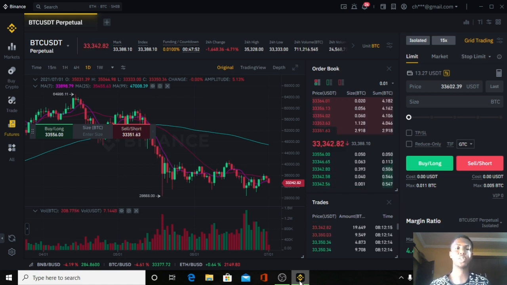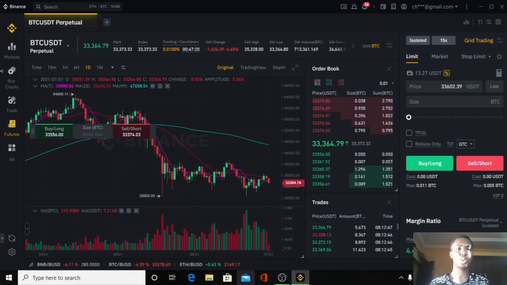There are two different types, which are the USDT perpetual and the coin-M perpetual. The coin-M perpetual is where you use the coin itself to trade that particular coin. Like if I wanted to trade ETH, I would have to have ETH in my futures wallet to trade it. But with the USDT perpetual platform, I have to use USDT to trade.